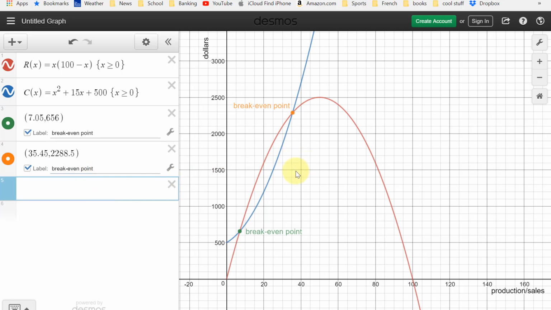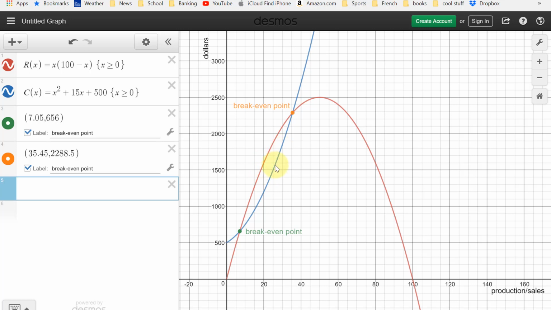And then I think I'll do this either by printing it out and writing in with pencil, or overlapping with a computer program like a PDF editor, where it's in this region where you've got the revenue higher than the cost, and therefore you're making profit.